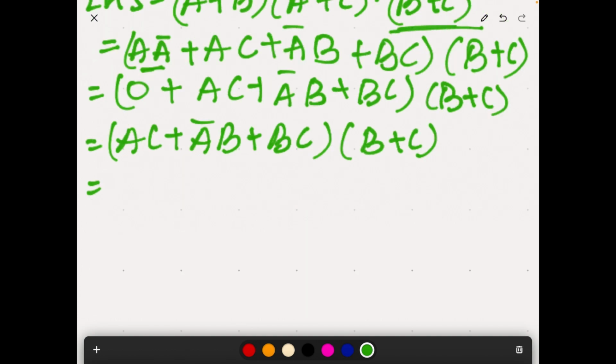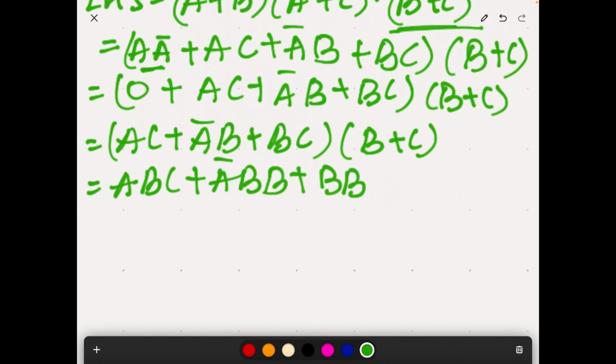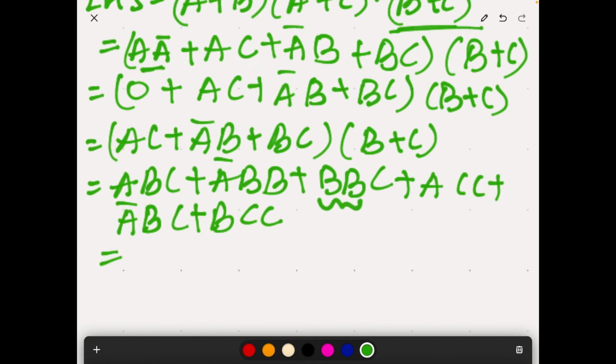Alright, so now we are going to again open the brackets, and this is what we get. So the B part is done: ACC plus A bar BC plus BCC. 0 and 0 gives us a 0. So that is B. Anywhere you see two things getting repeated, write them only once.